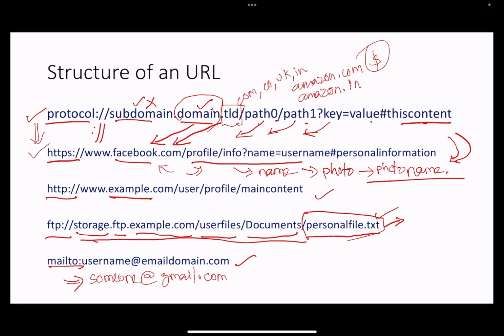So if you type mailto, colon, and then someone at gmail.com, definitely it will open the default mail app. That will lead you to send a mail to that person, someone at gmail.com.